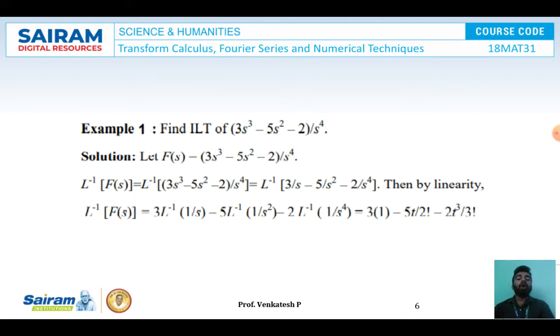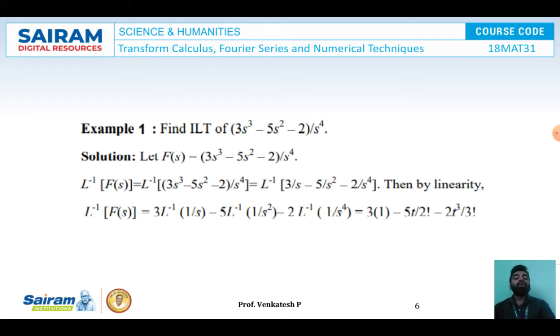Therefore, the Laplace inverse of F of s will be equal to Laplace inverse of (3s cube minus 5s square minus 2) whole divided by s power 4, applying 1 by s power 4 to each term. So we get Laplace inverse of 3 s cube by s power 4 minus 5 s square by s power 4 minus 2 divided by s power 4. So we got the Laplace inverse of 3 by s minus 5 by s square minus 2 by s power 4.